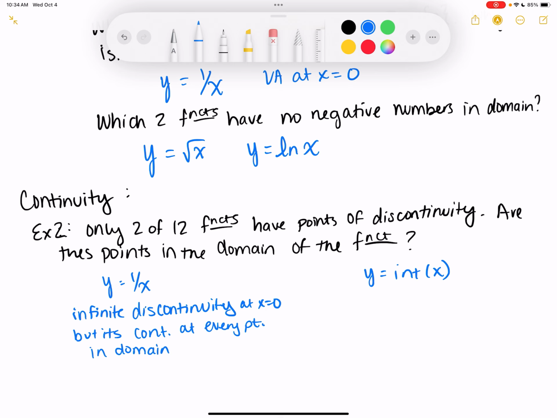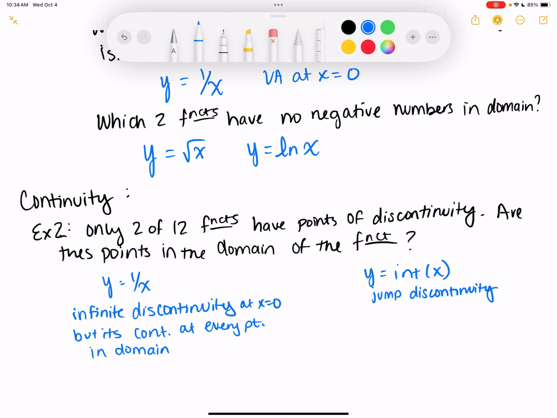So this function has what we call jump discontinuity. Because basically there's a line with a hole at the end, and we jump up here and the hole's filled in, and then we have a line, and then there's a hole, and then we jump up here and it's filled in, and we keep going like that.